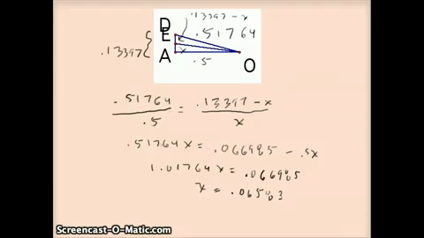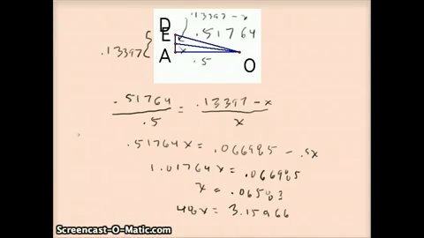Now x is AE, which is exactly 1/2 of one side of the 24gon. So if I multiply x by 48, I get an approximation for pi, which is 3.15966. And this is a very nice approximation for pi.